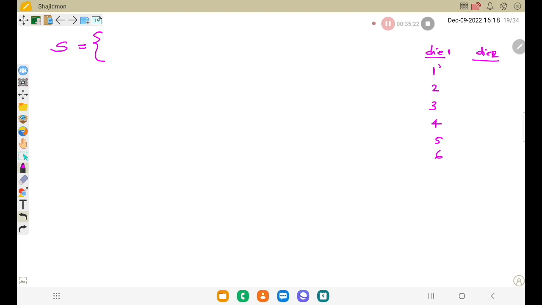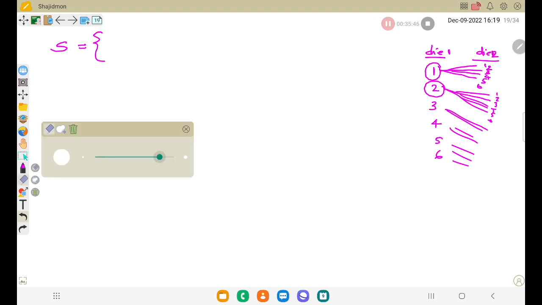Now for the second die, for example, if the first die is showing 1, what are the number possibilities for the second die? Any one of 1, 2, 3, 4, 5, 6. If the first die shows 2, the second die can again be 1 to 6, same all the way. So how to write the sample space?